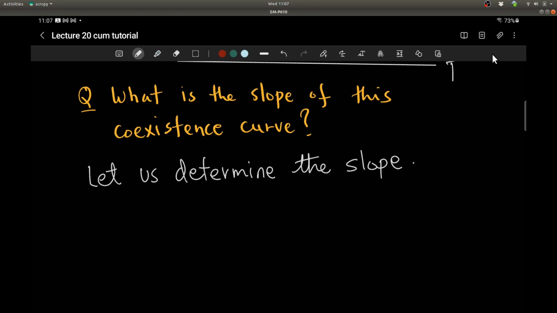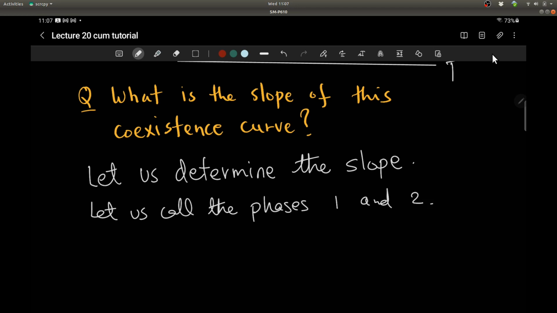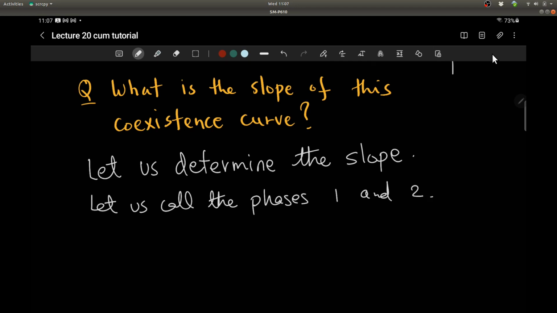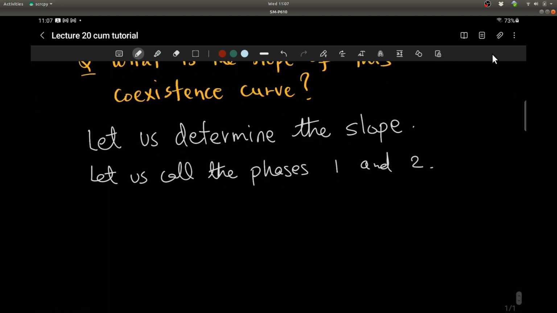So let's do some formulae. We'll call the phases one and two. Okay. And they coexist on this curve.